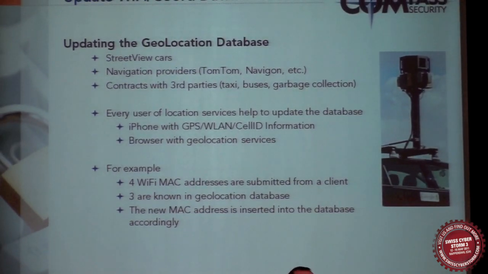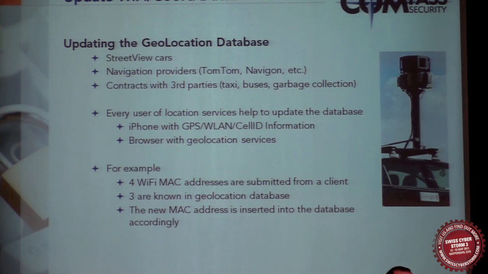How was this database created? You know all these street view cars which drive around and collected Wi-Fi information, so they also put these GPS coordinates to the access points they have detected. There are other providers like navigation providers which also create this database.